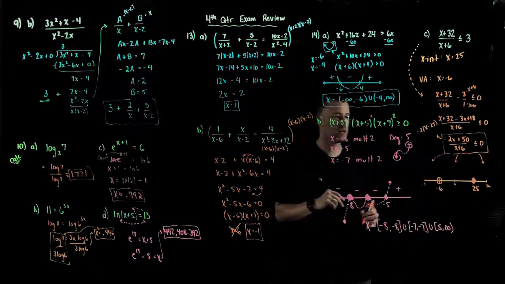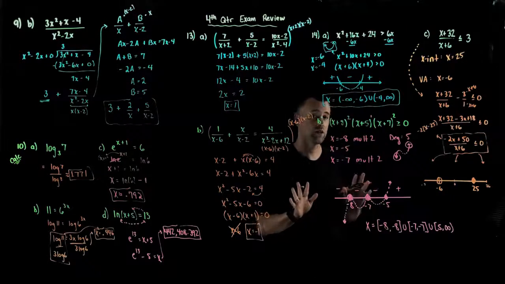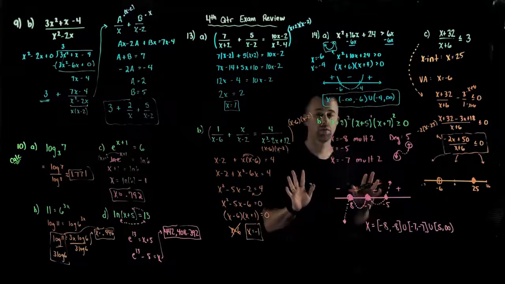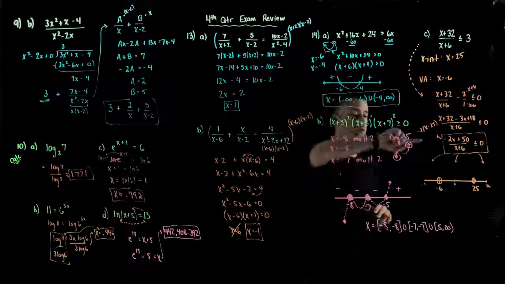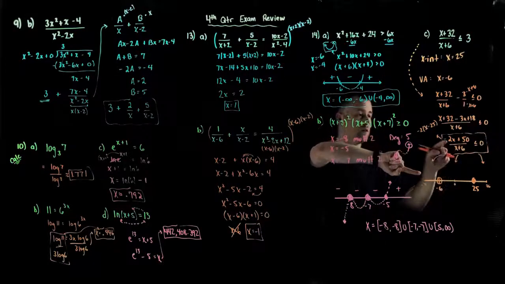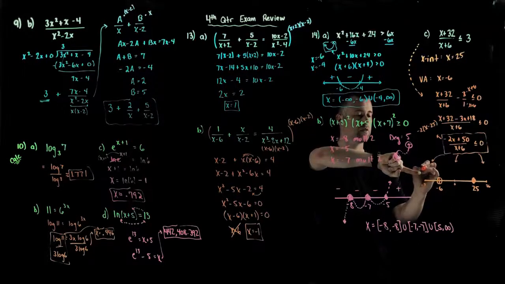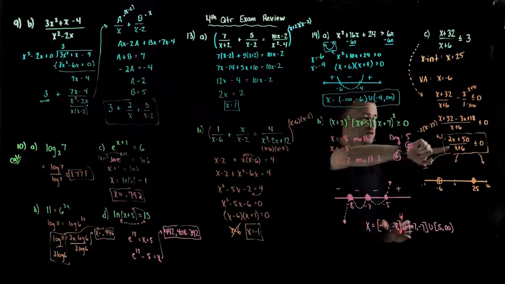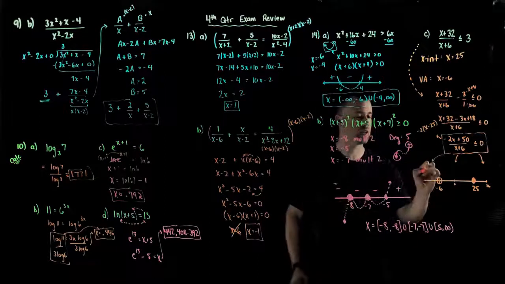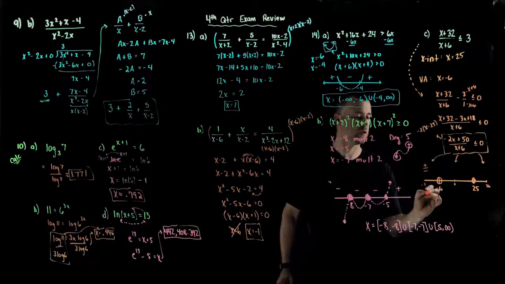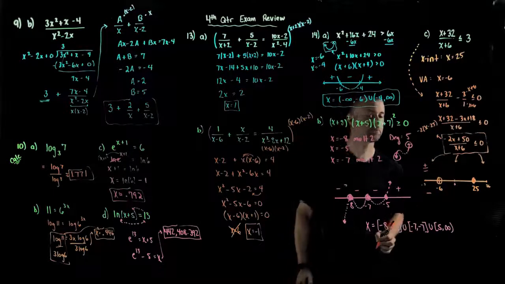I'm going to plug in -7 first, and again, I don't care what the number is, I just care about the sign. So if I plug in -7 into here, -2 times -7, that's positive, so it would be positive plus 50. So I'm going to have a positive divided by -7 plus 6, which is a negative. So this one is going to be negative.